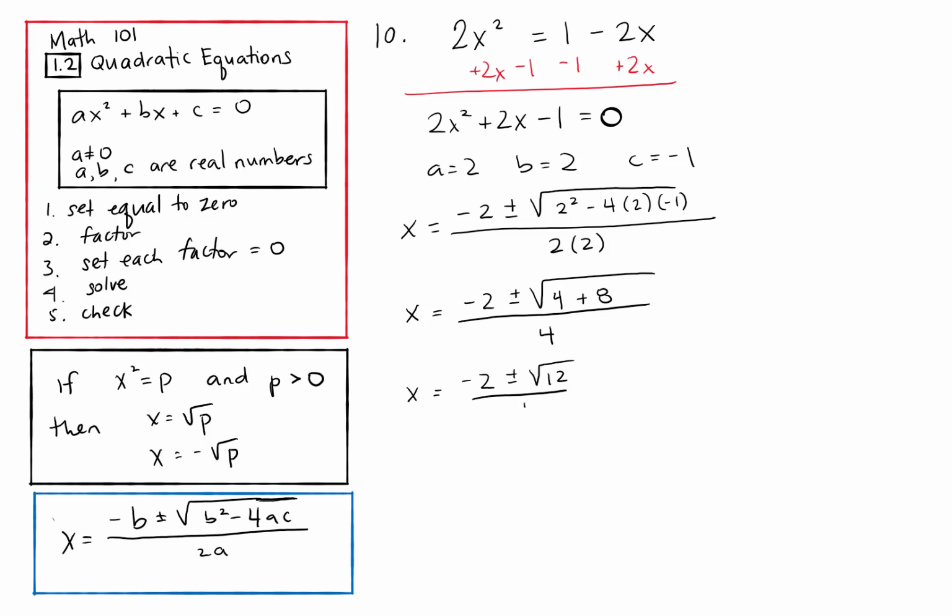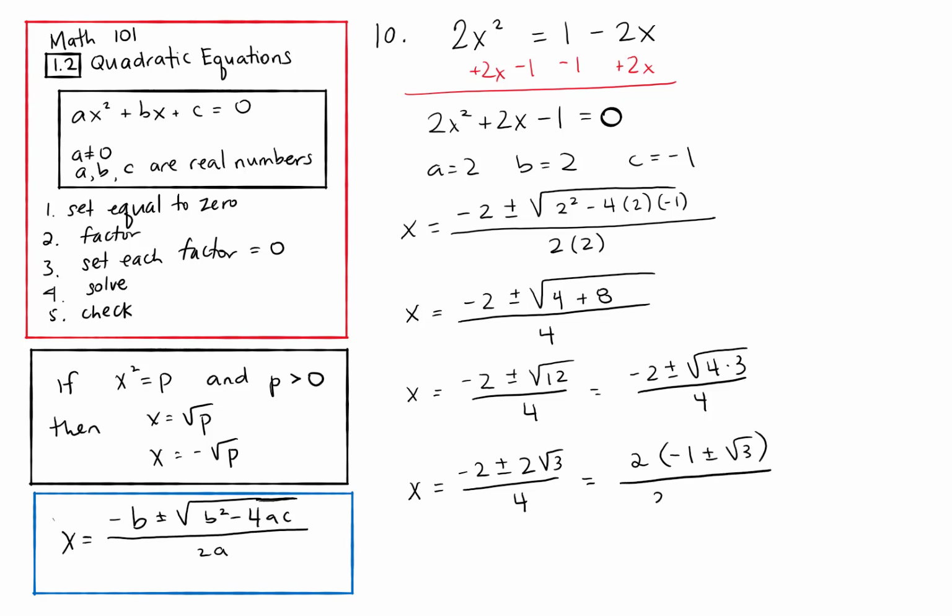Now you do want to simplify all your radicals. The square root of 12 can be broken down into the square root of 4 times 3. Pulling the 4 out of the radical sign will then give us negative 2 plus or minus 2 radical 3. I'm going to factor 2 out of everything, so I'm going to factor the 2 out. I'm left with negative 1 plus or minus radical 3.